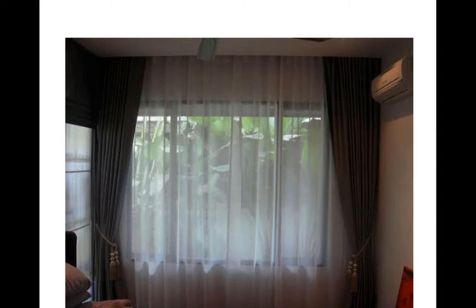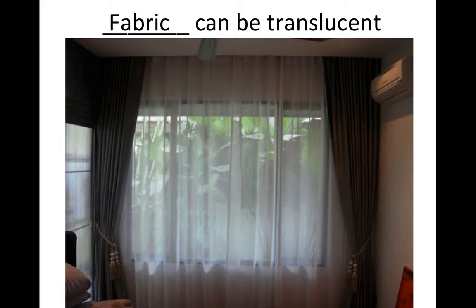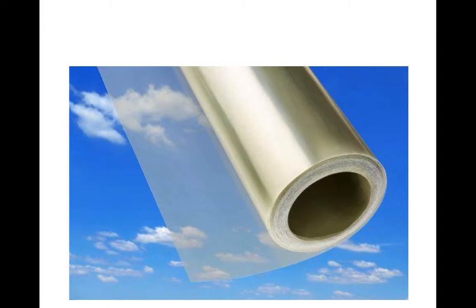Let's look at this material. What material is it? Fabric. Fabric can be translucent. We cannot see through clearly. Only some light goes through. Again, this material, is it transparent, translucent, or opaque?